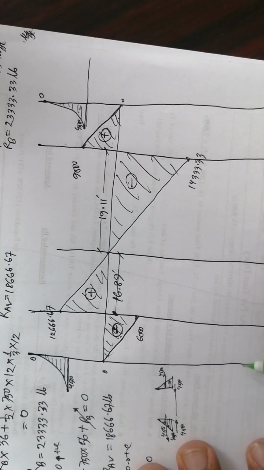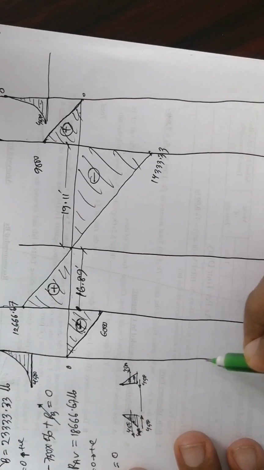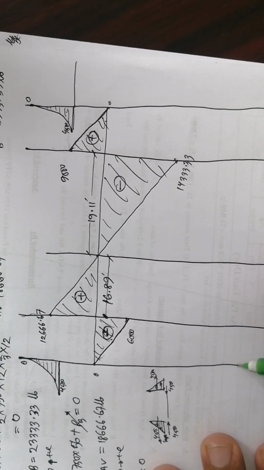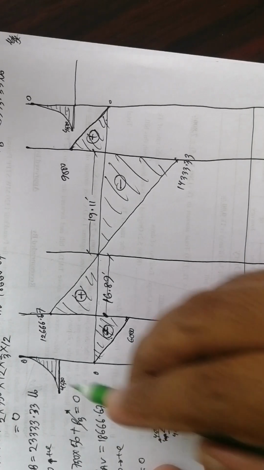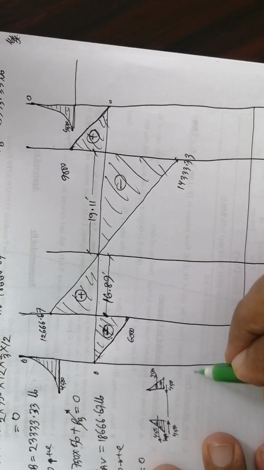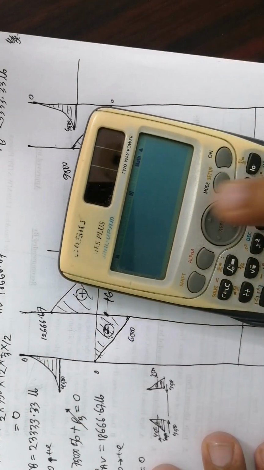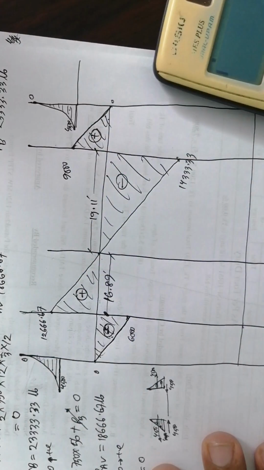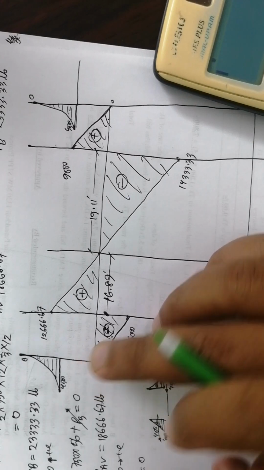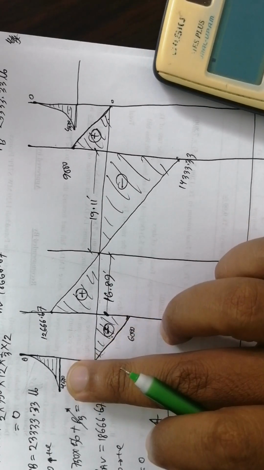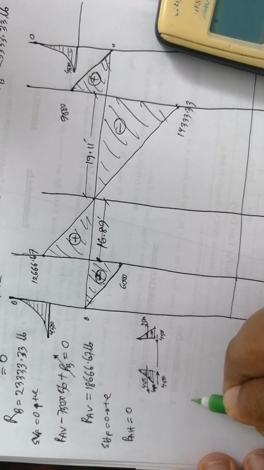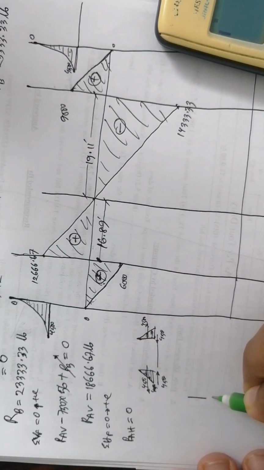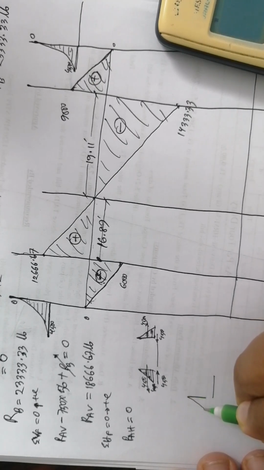So for moment diagram, first we calculate this moment. Here is a moment which we can calculate as positive or negative. If we draw the free body diagram of this, then the force is like this.